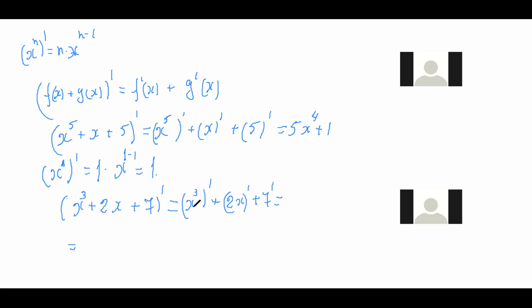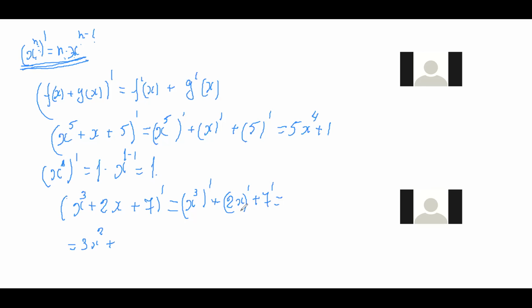Now, what is the derivative of x cubed, Shota? By this formula, look, x to the power n has derivative n times x to the power n minus 1. So 3 times x squared. 3 times x squared, okay. What is the derivative of 2x? 1.